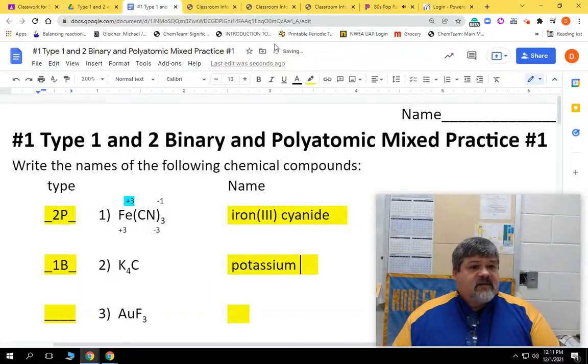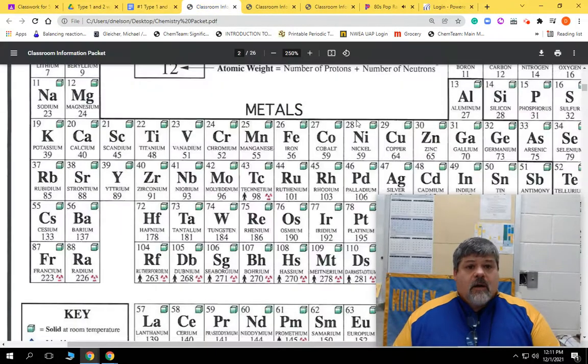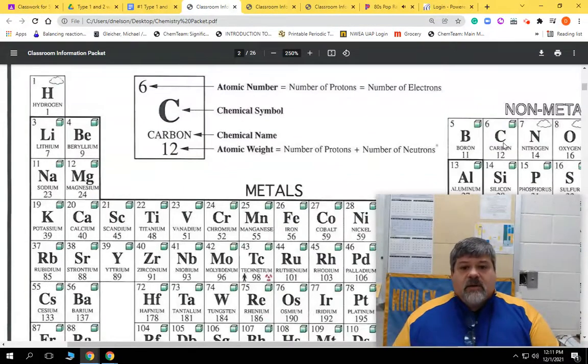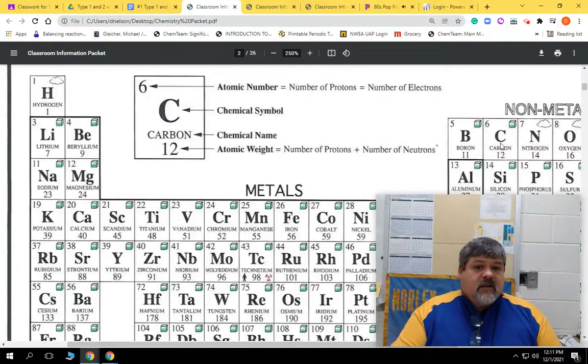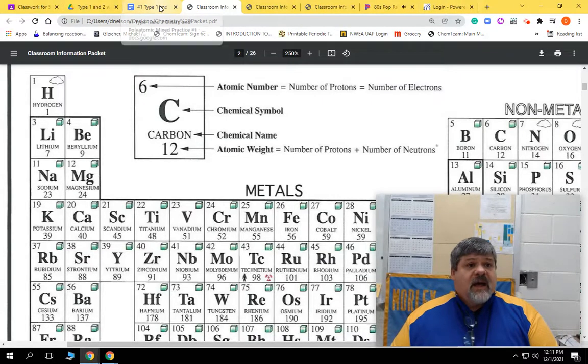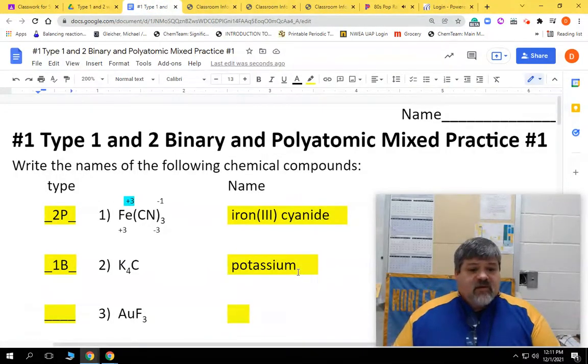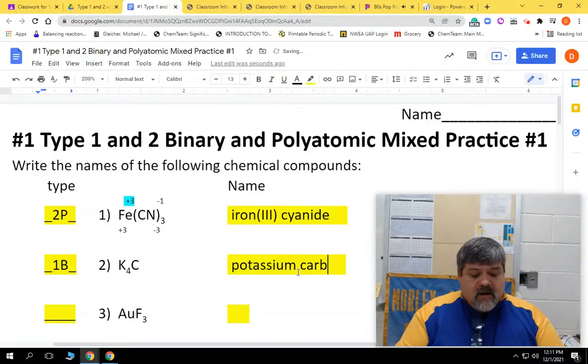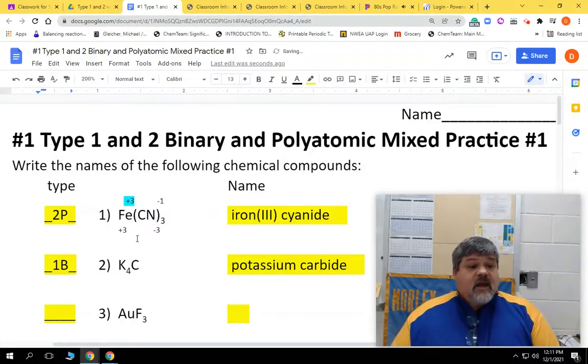And then C stands for, right here, carbon. Okay, but remember, on the second element, we changed the ending to "ide," so it's going to be called carbide. So we're going to change that to potassium carbide. Okay, and that's how we do that one. Let's go to the next one.